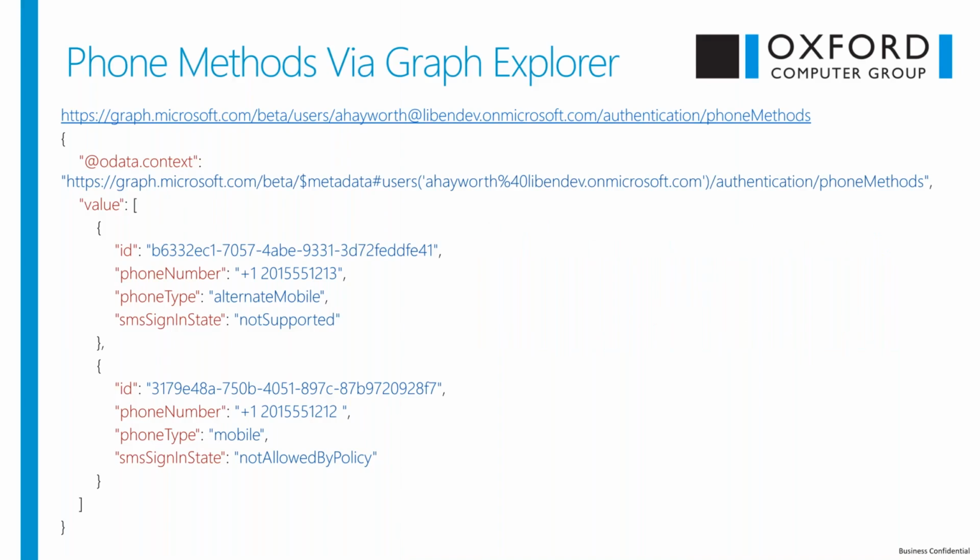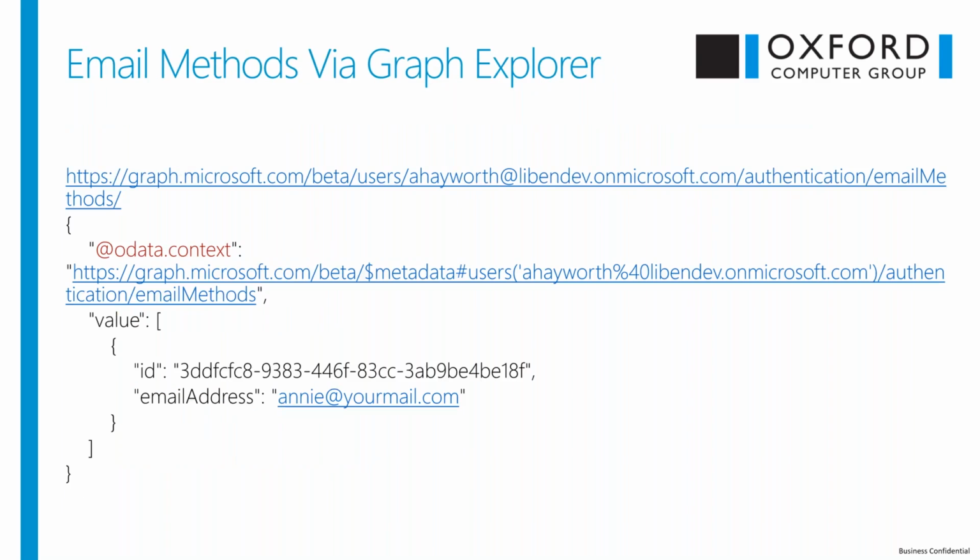And here's a link at the top. You won't be able to read it, but this is a way of reading the phone registrations from Microsoft Graph. And there you'll see we had 2 phone registrations.